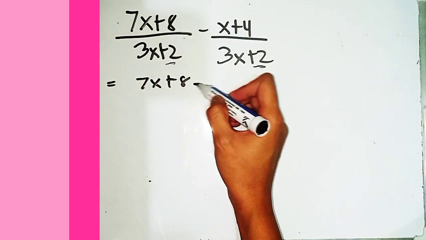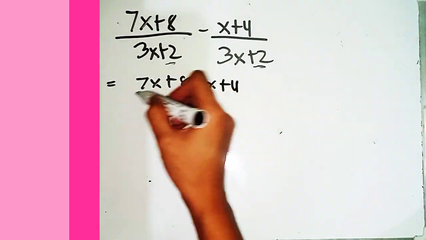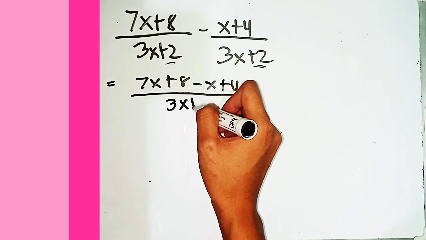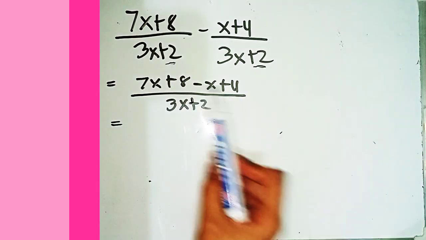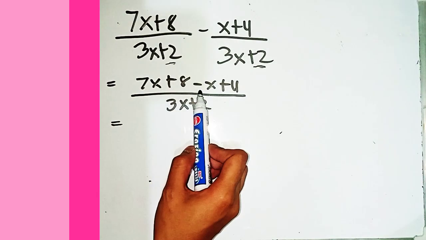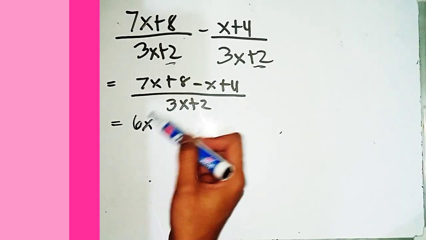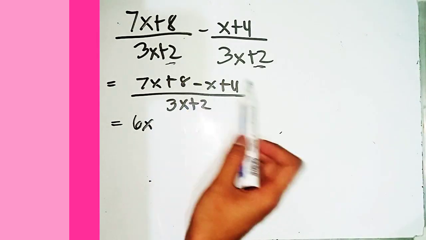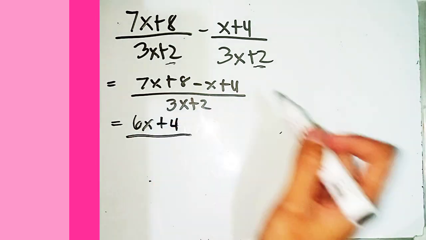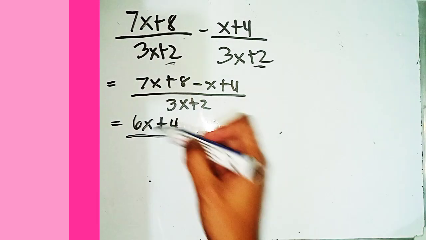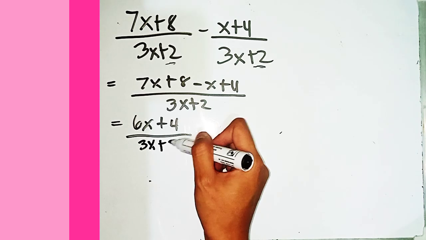So 7x plus 8 minus x plus 4 all over 3x plus 2. Okay, so we can combine the like terms. 7x minus x, that would be 6x. Positive 8 minus positive 4, that would be positive 4 all over 3x plus 2.